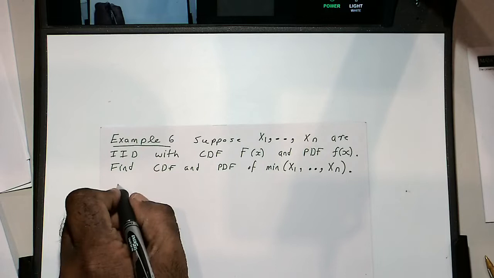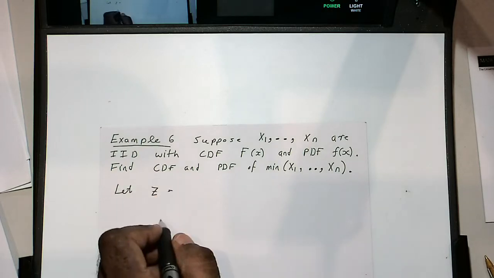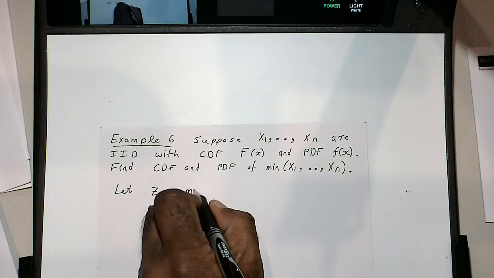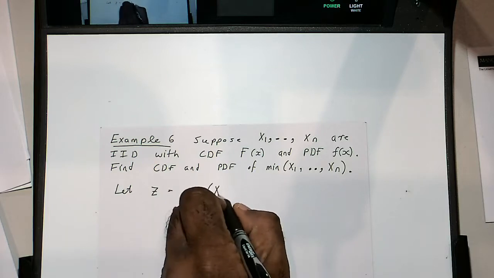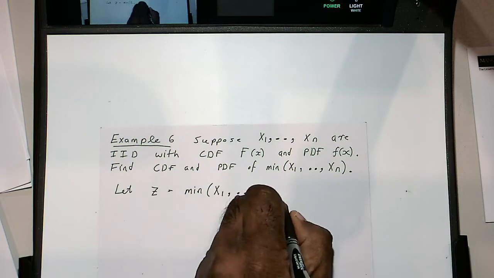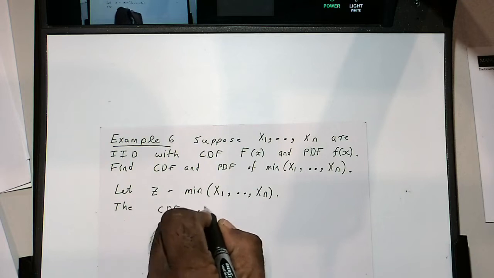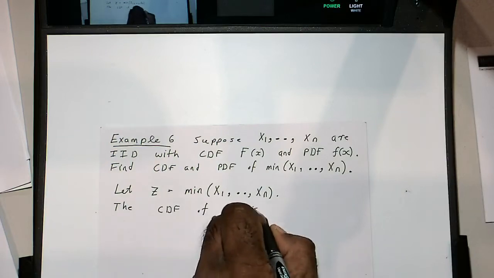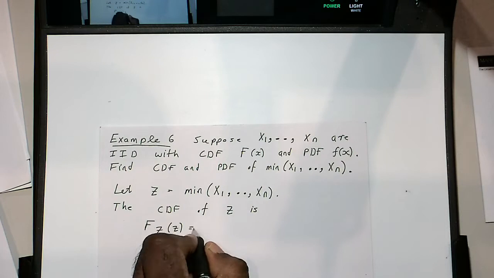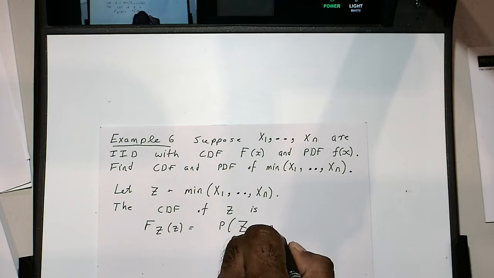Once again, let Z be the minimum of x1 to xn. You don't need to call it Z; you can call it whatever letter you like. Then the CDF of Z is, by definition, this probability.